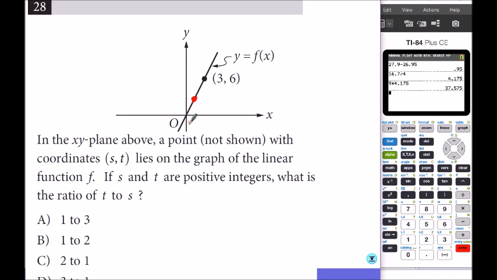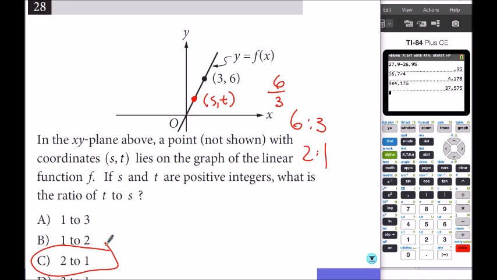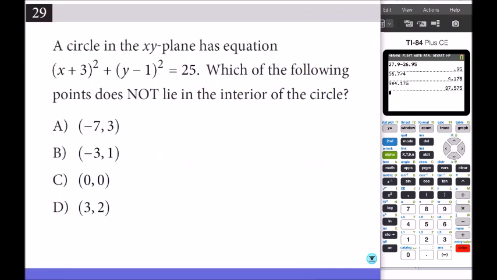So t to s means 6 over 3, or 6 to 3, 2 to 1. Must be C, 2 to 1. Same ratio, right? Same rise over run, if it's on the same line.